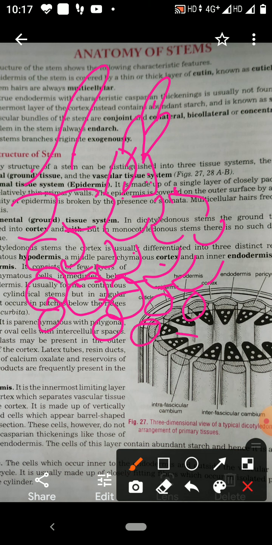These cells are thin walled and they have intercellular spaces. Now, the innermost layer is endodermis. Endodermis is made of vertically elongated, barrel shaped cells. These cells do not develop Casparian thickening. Casparian thickening is found in the endodermis of root, not in the stem.